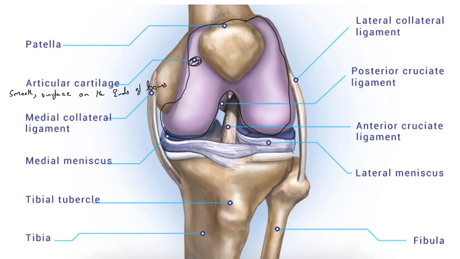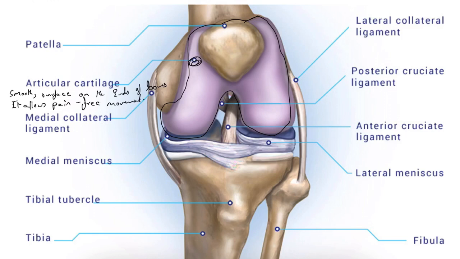You can see this articular cartilage in every joint, but here it is on the femur, tibia and patella. Its main function is that it allows pain free movement. So this is the articular cartilage.